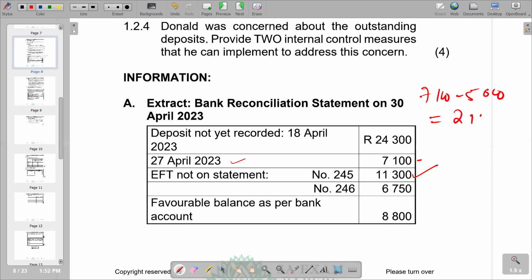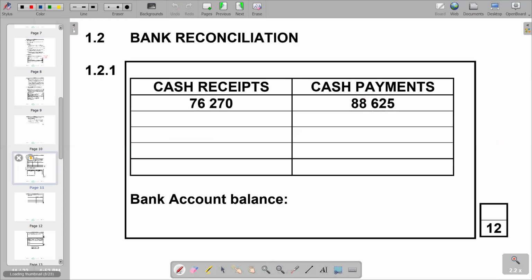So the 2,100 is the one that must be written off. Remember, it's a deposit, which means it was in the cash receipts journal in the previous period. But since we are not receiving it, we have to write this amount off, and we enter it in the cash payment journal. So we go to the cash payment journal and enter our 2,100.